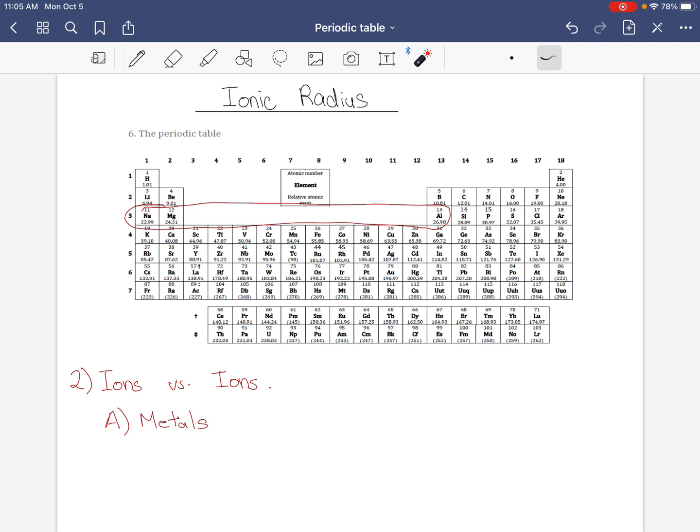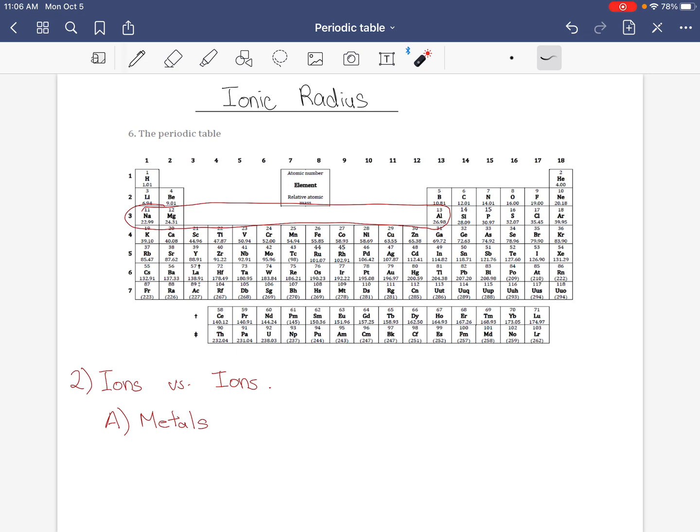Would it increase going across, or would it decrease going across? We know from atomic radius that this actually decreases, because the number of shells stays the same and there are just more protons moving along here, so therefore a stronger attractive force towards electrons on its valence shell.